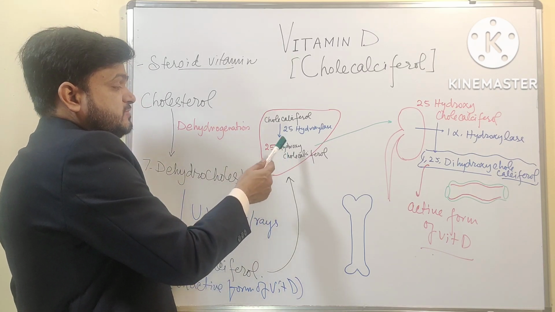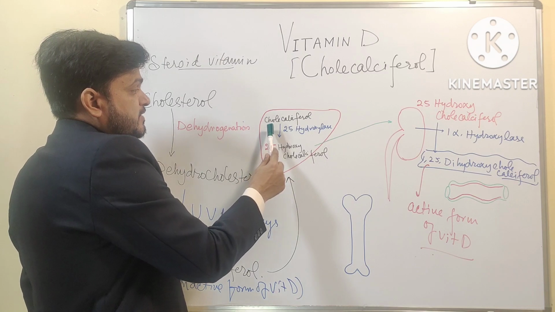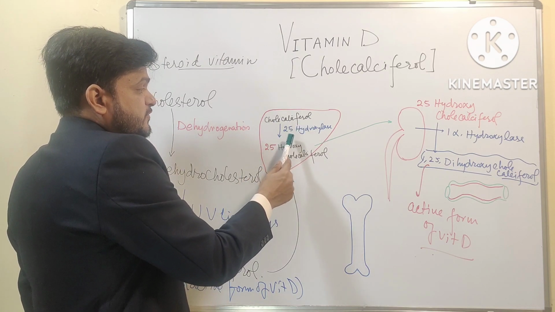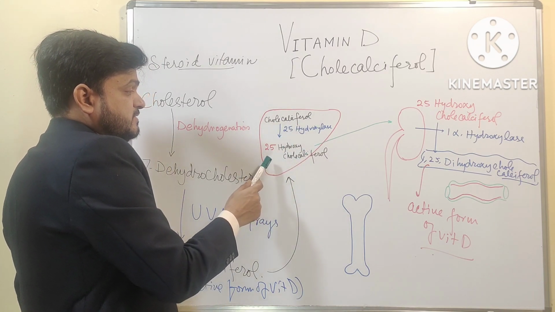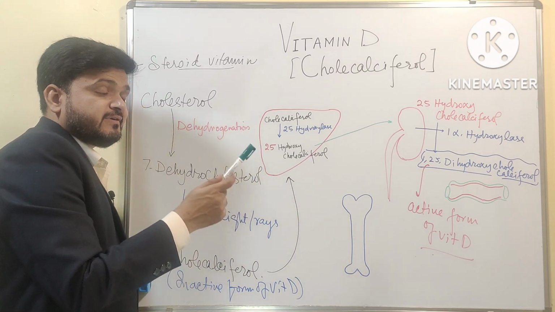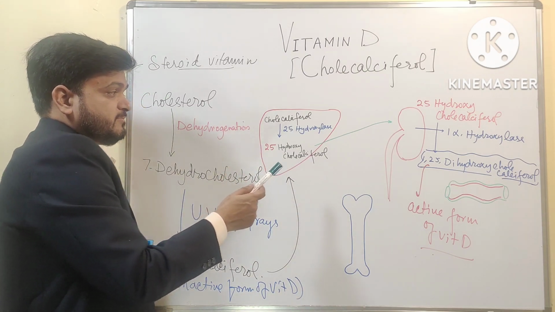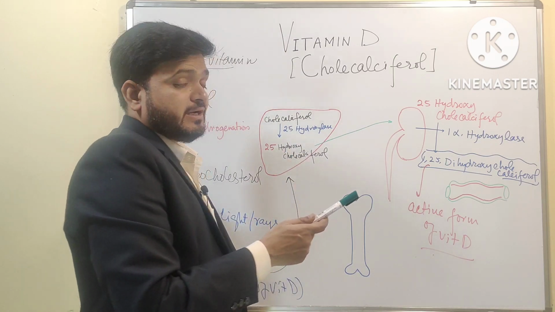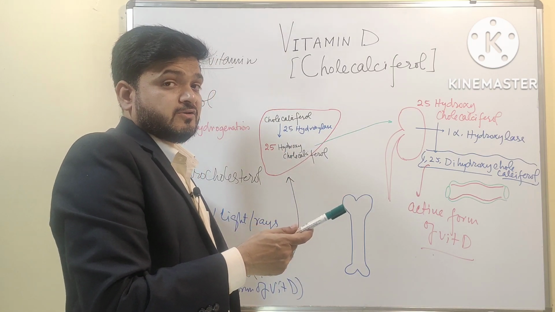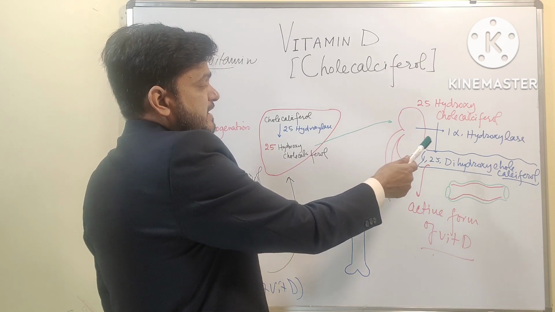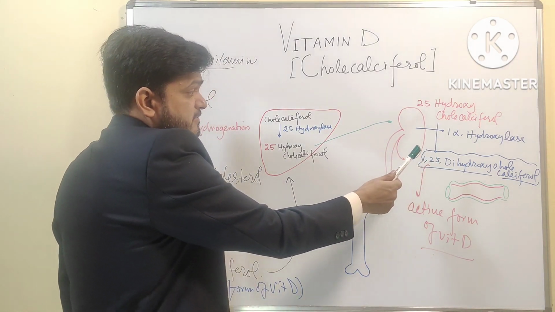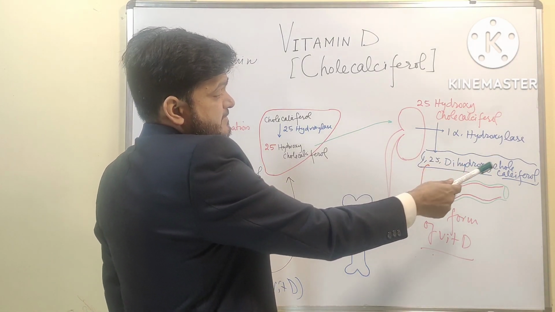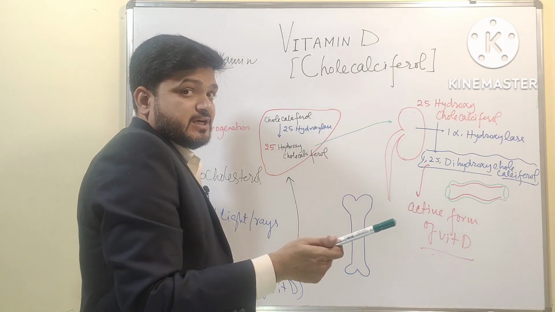So it is transferred to the liver, where cholecalciferol in the presence of 25-hydroxylase is changed into 25-hydroxycholecalciferol. But for the activation of vitamin D, we need another hydroxyl group added, which is done in the kidney under the influence of 1-alpha hydroxylase at the position of the first carbon, right?